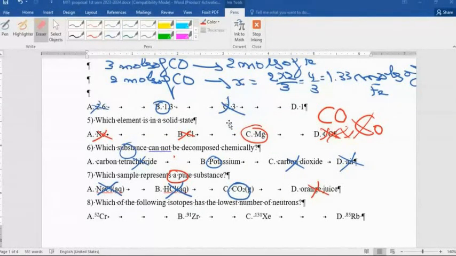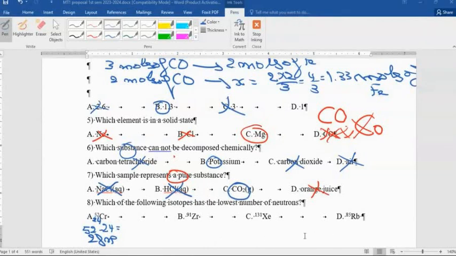From my periodic table, chromium is 24. A simple operation: how many neutrons do I have here? 52 minus 24, and I will get 28 neutrons. I cannot answer yet because the question asks for the lowest number of neutrons, so I have to find it for all the other elements.